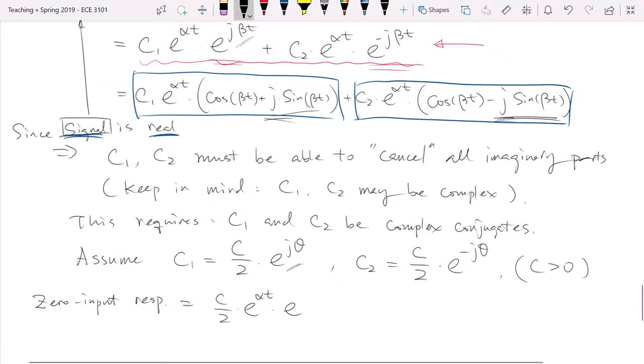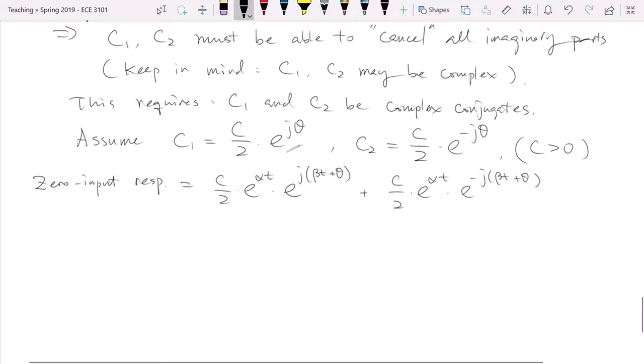I can easily combine them, making e to the j beta t plus theta, C over 2, e to the alpha t, and e to the negative j beta t plus theta. Okay.